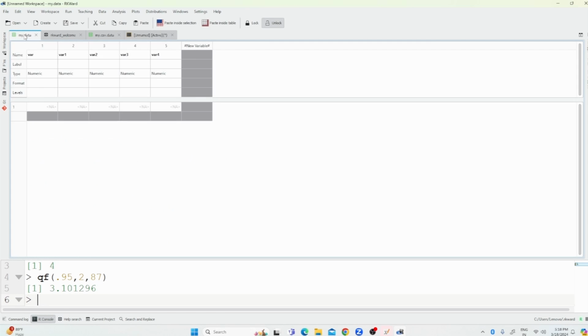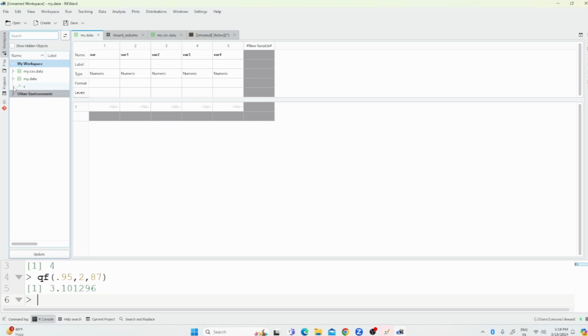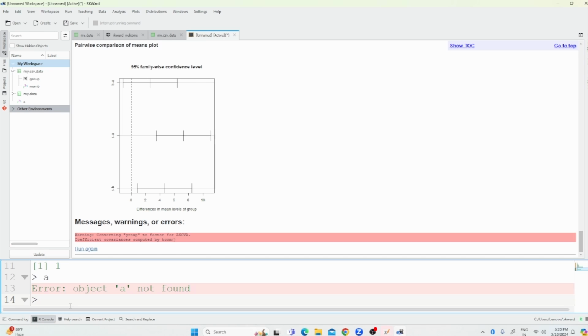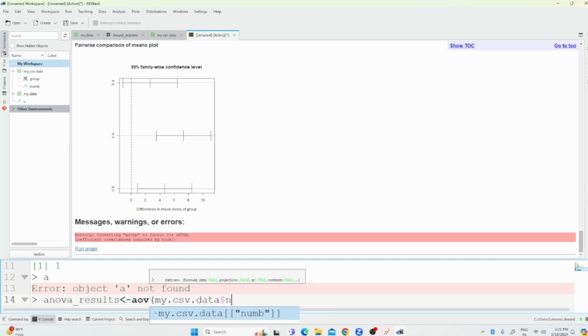Now, what I wanted to say here is, please here in the workspace, you can say ANOVA results is equal to aov, I think, my dot CSV dot data dollar num.